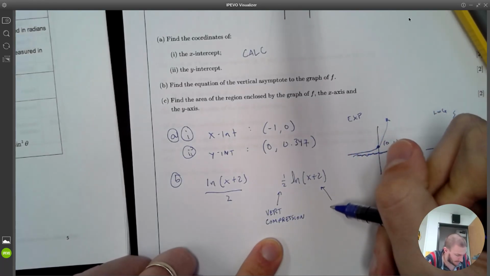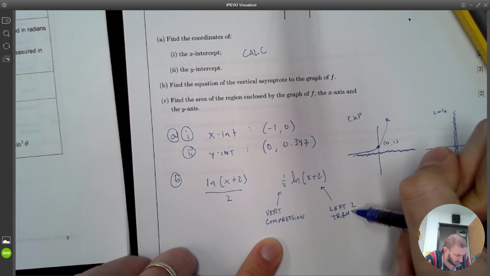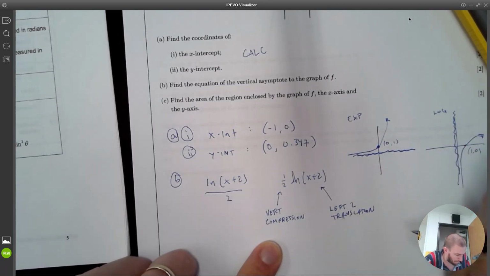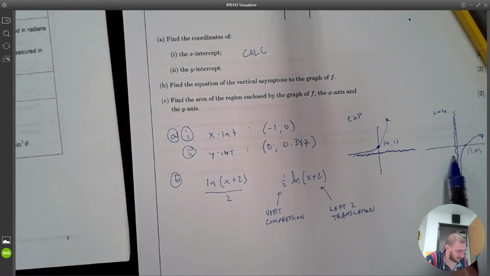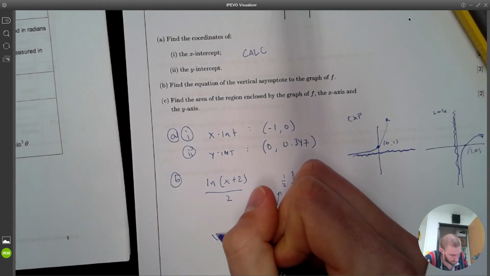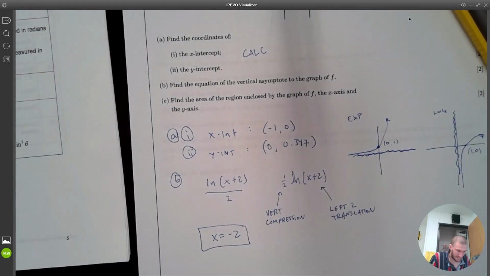And this is going to be a left 2 translation. So I just need to take everything and move it left 2. That's going to move my vertical asymptote to x equals -2. It's not too bad. Pretty easy.